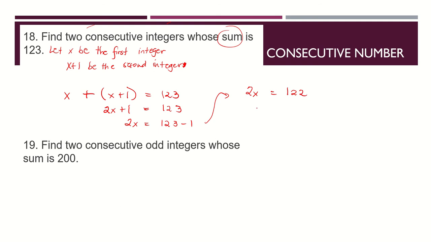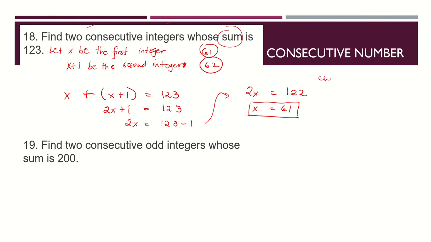Dividing both sides by 2, therefore, x equals 61. So, kung ito ay 61, di syempre, alam mo na ang kasunod niya ay 62. 61, then 62. Okay, or pwedeng 61 plus 1, and 62.